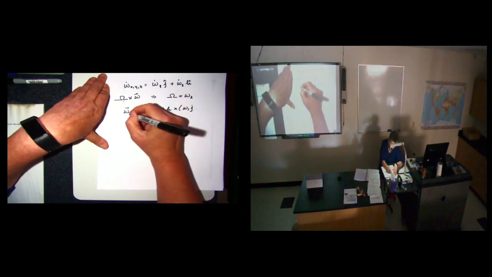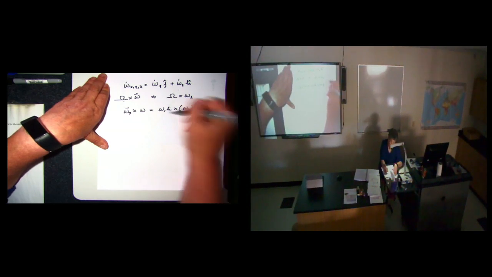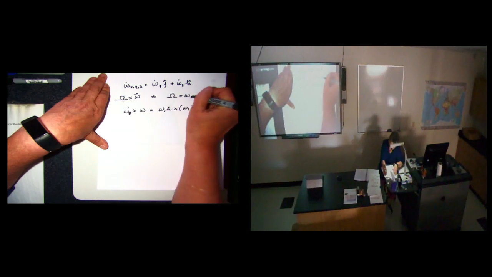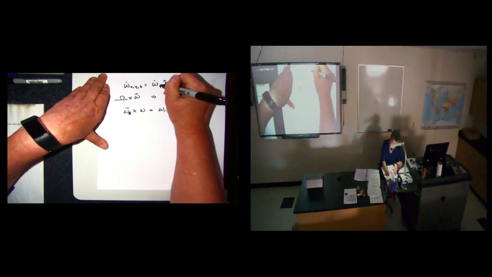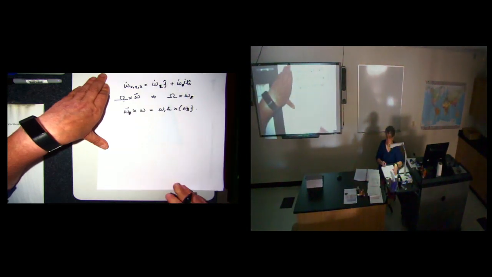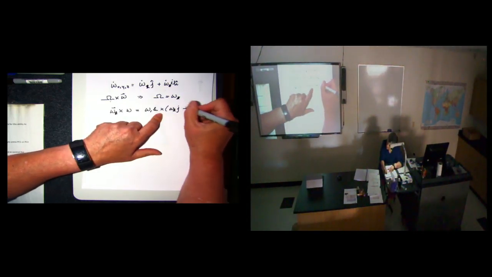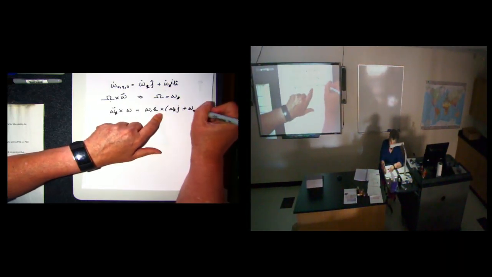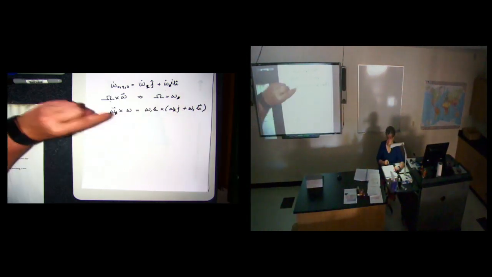This is omega 2. No, that's right. That's omega 1. Sorry, omega 1 K, that's omega 2. I've got these backwards. That is correct. Got to keep your subscripts straight.